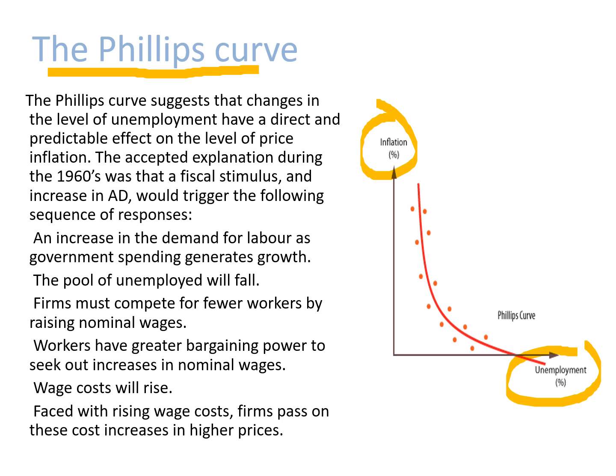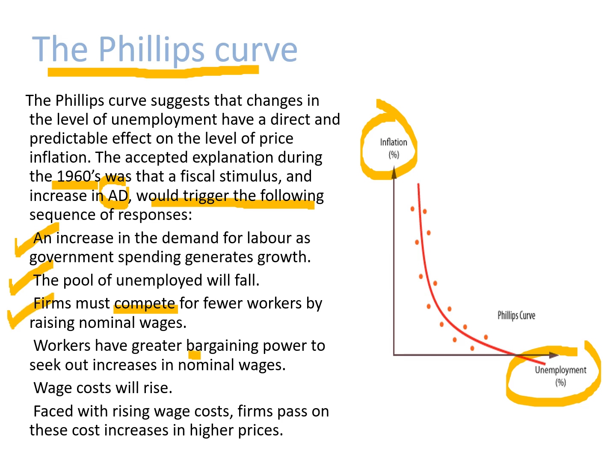The accepted explanation during the 1960s was that fiscal stimulus and an increase in aggregate demand would trigger the following: an increase in the demand for labor. As government spending generates growth, the pool of unemployed will fall, and firms must compete for fewer workers by raising nominal wages.